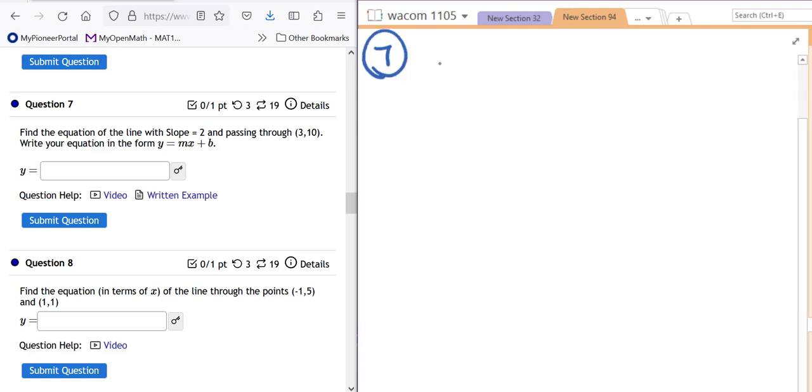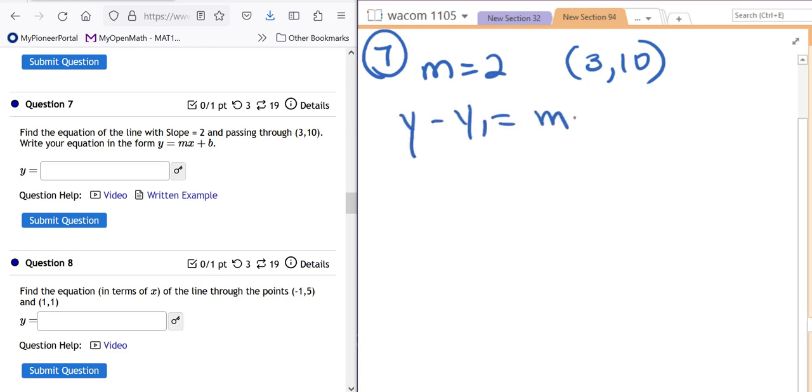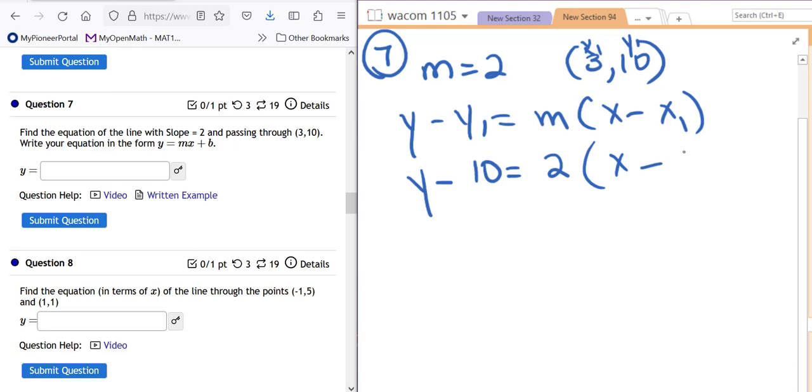We are given m equals 2. It is going to pass through 3, 10. They want us to write the final answer in this form, but before you get there, you're going to have to do y minus y1 equals m times x minus x1. This is x1, y1. So y minus 10 equals 2 times x minus 3.